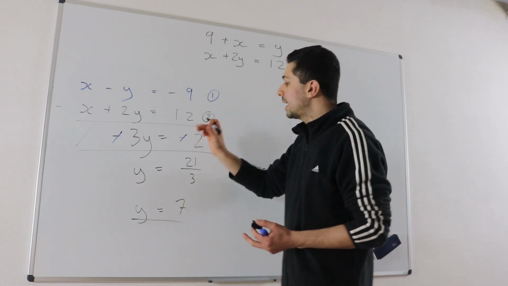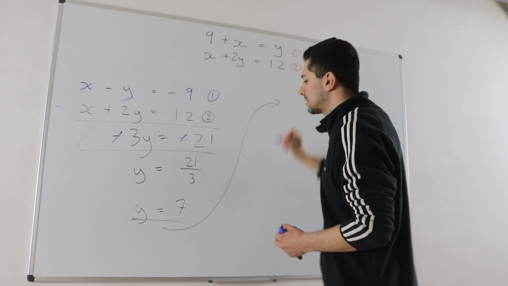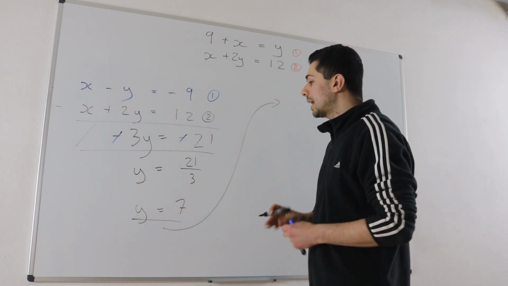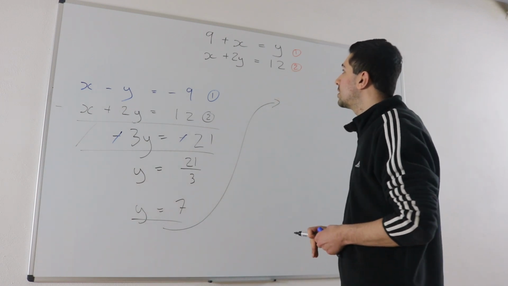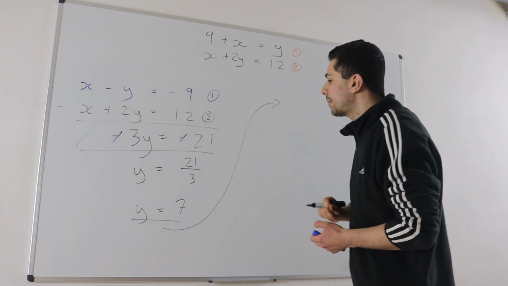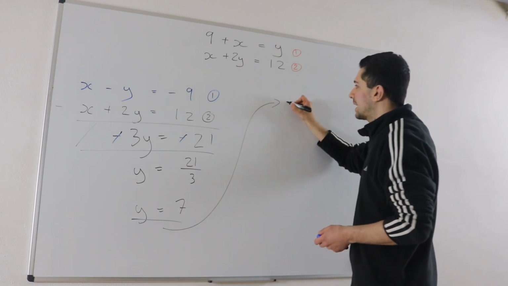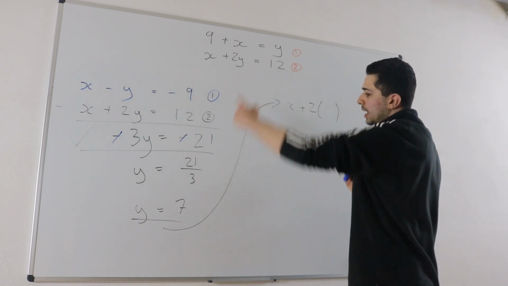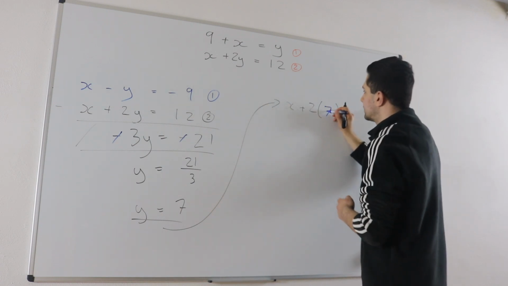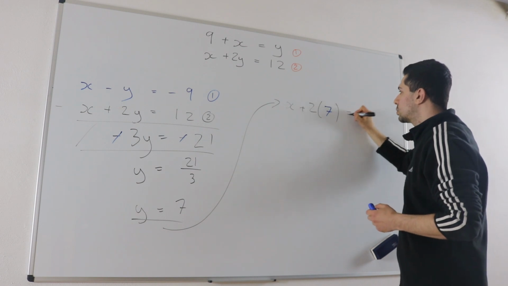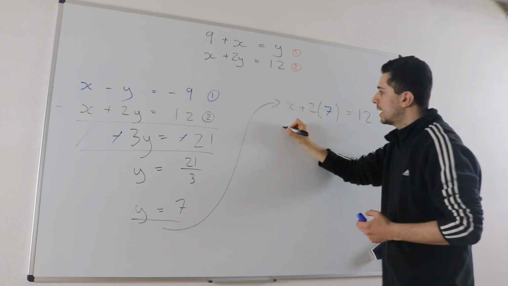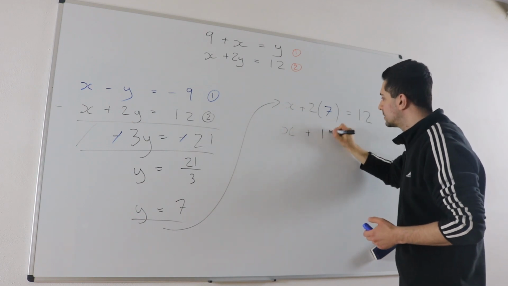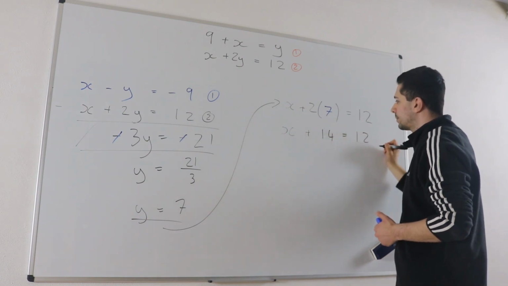Once I have found y, I can go ahead and find x. I will substitute y equals 7 into any of the equations. I'm going to substitute it in equation number 2. So I have x plus 2, instead of y, I will put 7, equals 12. x plus 7 times 2 is 14 equals 12.